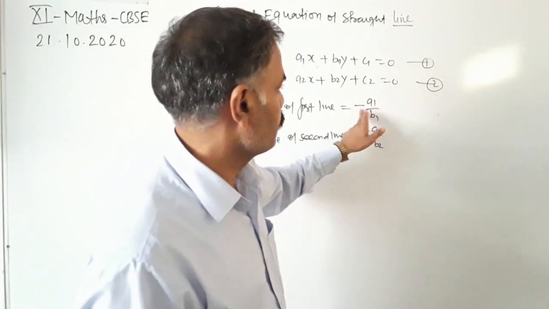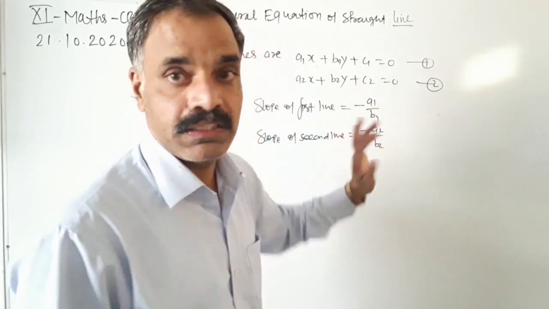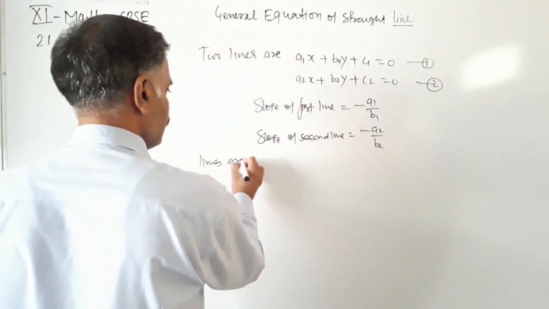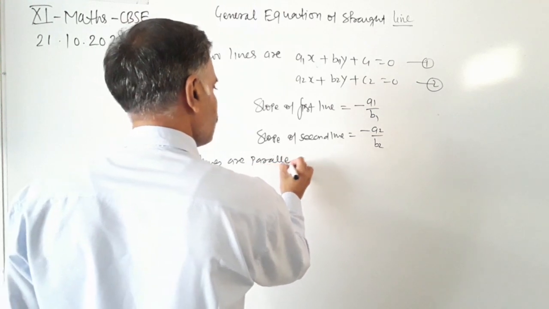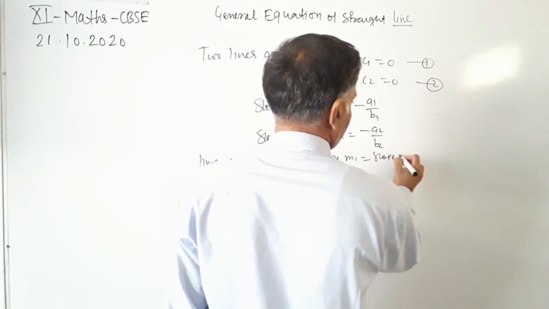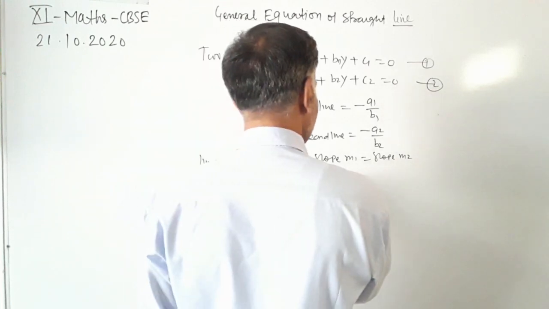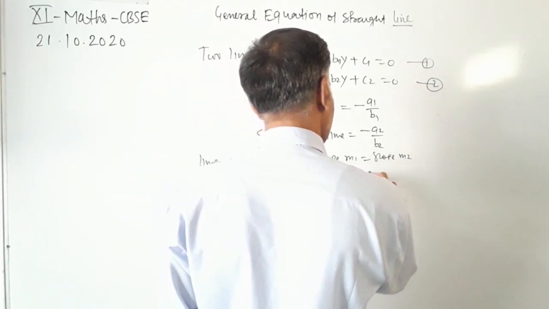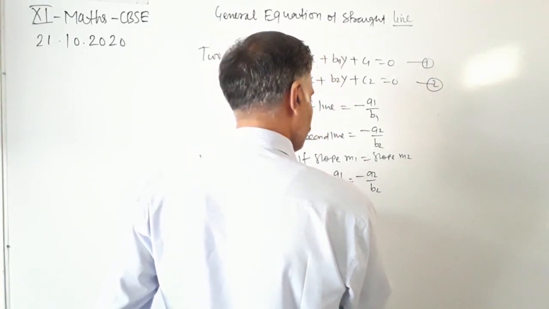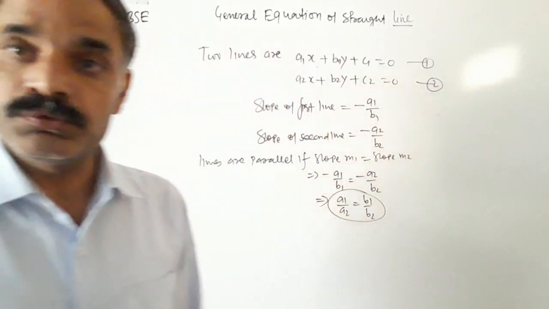Now lines are parallel if slope m1 equals slope m2, that is, minus a1 upon b1 equals minus a2 upon b2, which means a1 upon a2 equals b1 upon b2. This is the condition of parallelism of two lines.